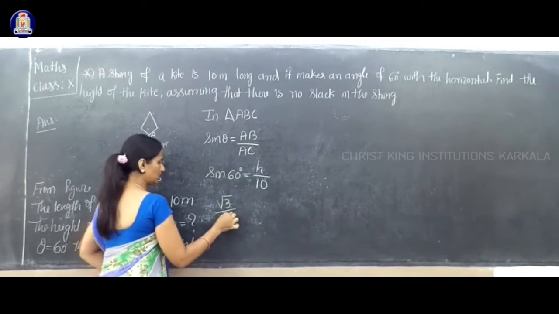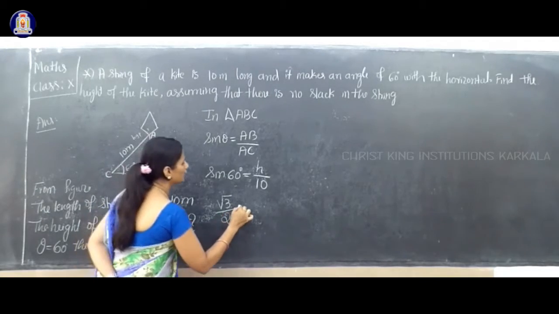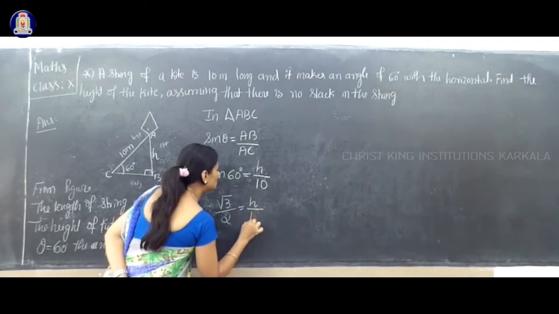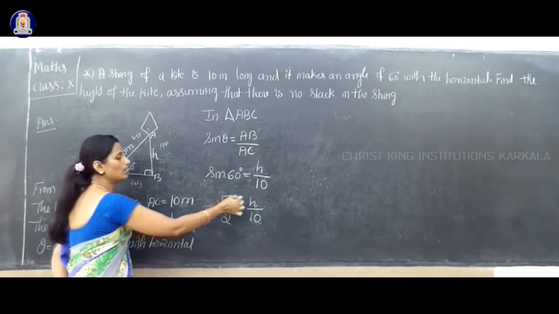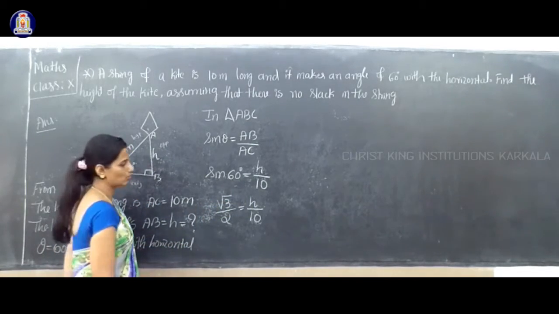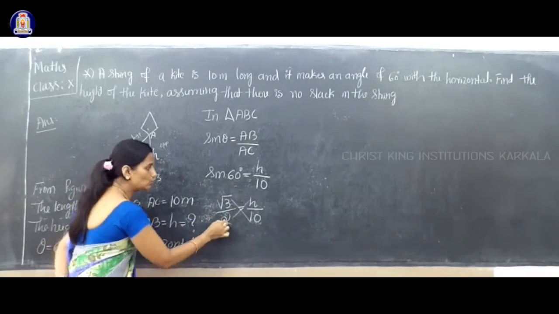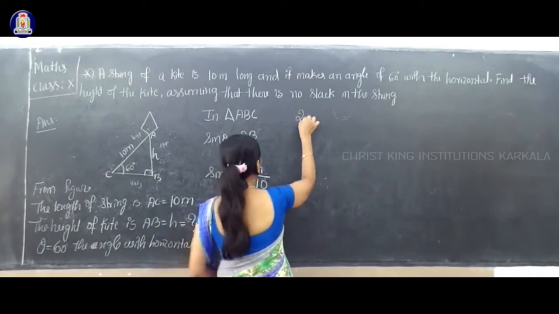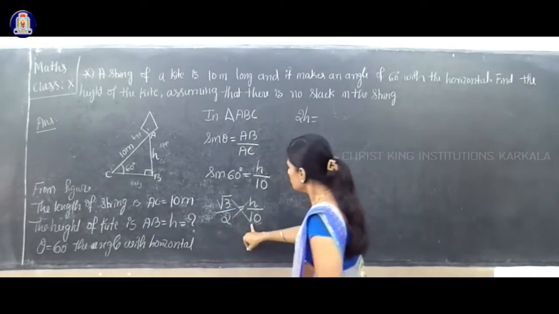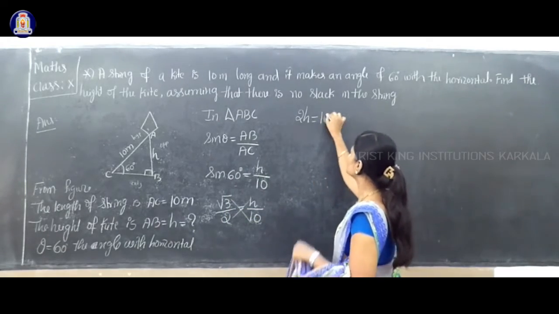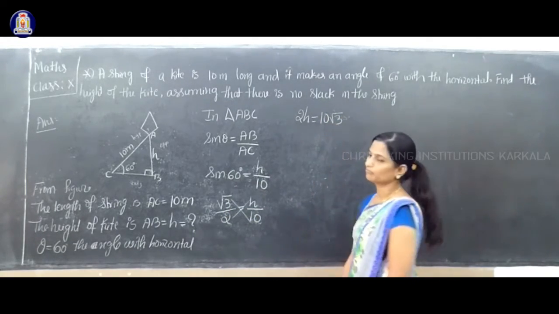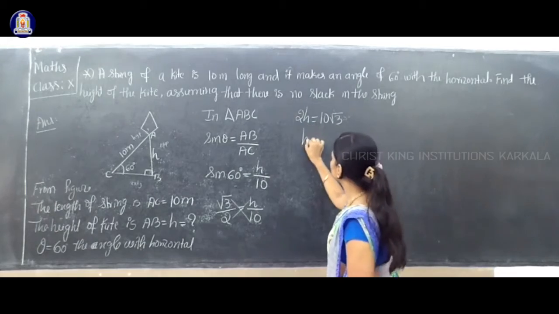So root 3 divided by 2 is equal to h divided by 10. What I need is h. Just cross multiply: 2h is equal to 10 into root 3, that is 10 root 3.